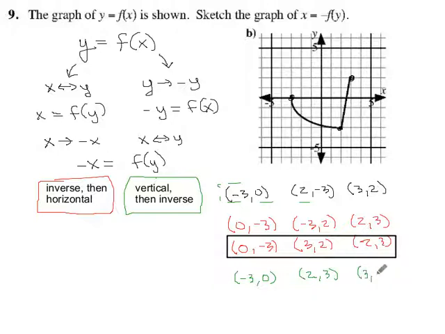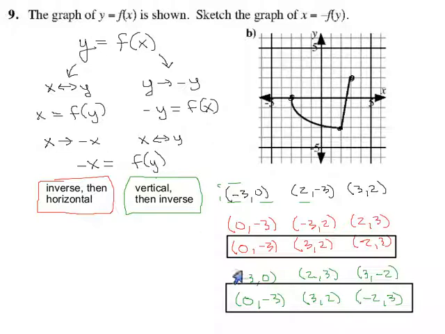So nothing's happening to the x coordinates, but the y coordinates are changing signs. And then we do an inverse, so we swap the positions of x and y. 0, -3. This one becomes 3, 2. And this one becomes -2, 3. And if you compare those two, all the points match.